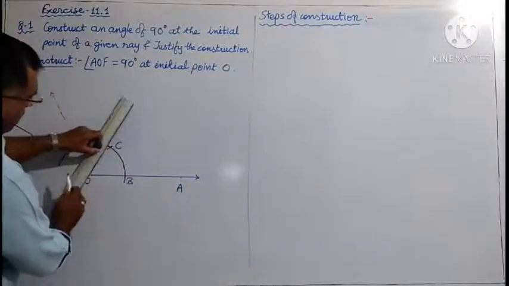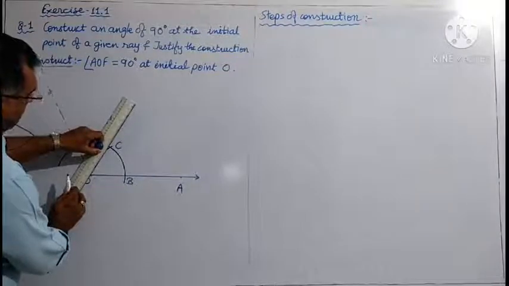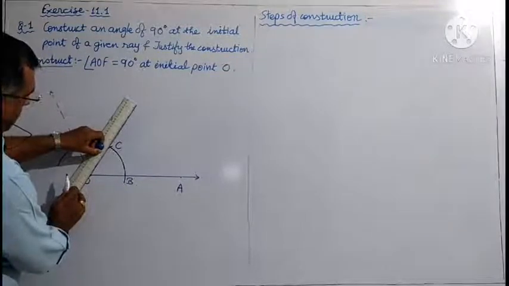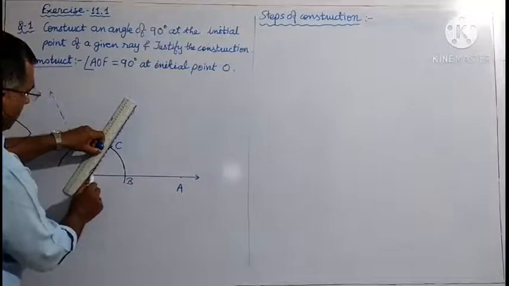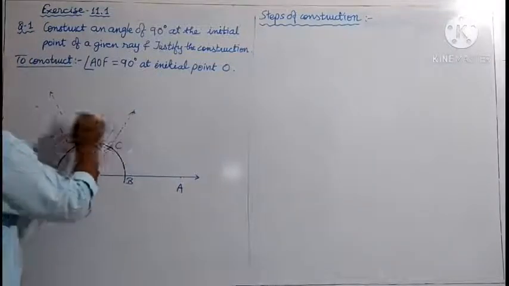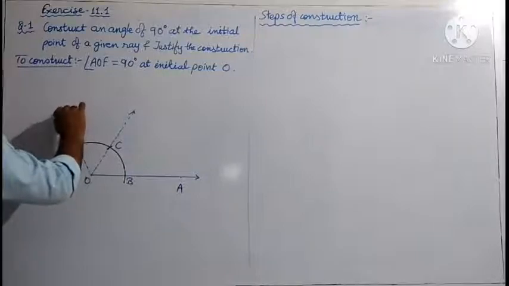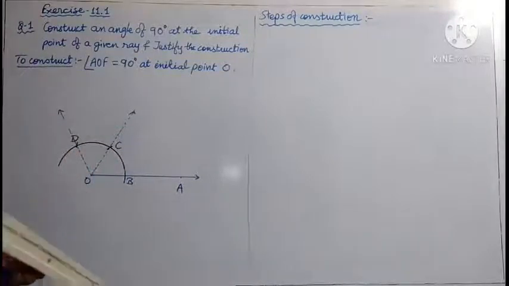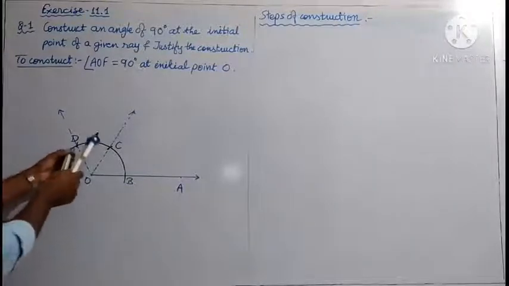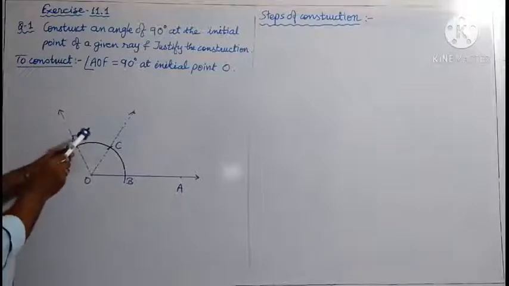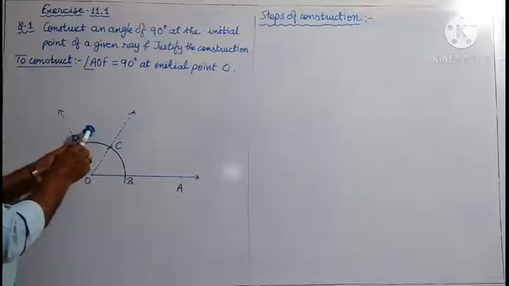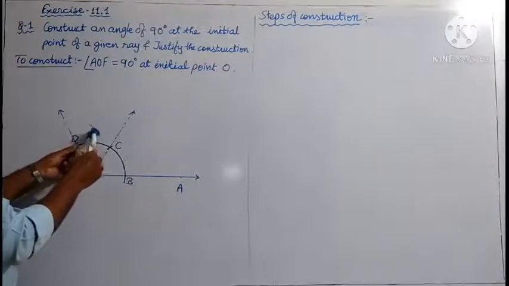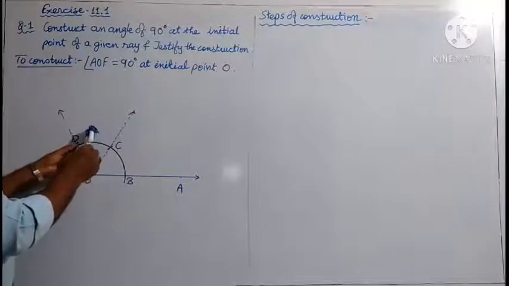After drawing this, we have to go for the bisector of angle COD. So let us draw the bisector of this angle COD. How to draw the bisector? Taking this point as a center and the radius more than half of CD, we have to draw the arcs. Angle bisector, as we have already studied.